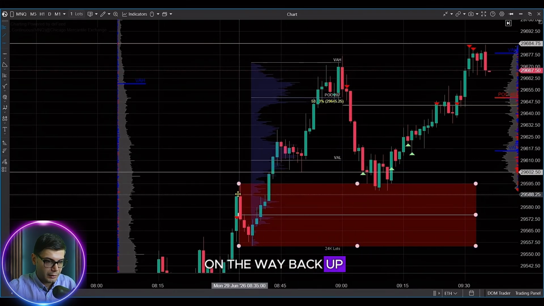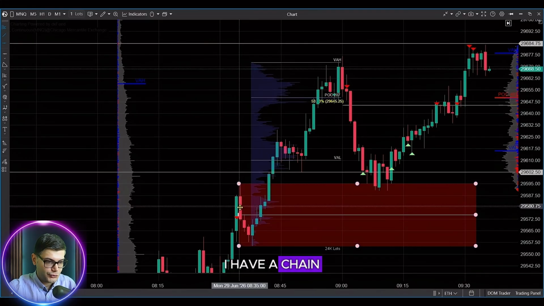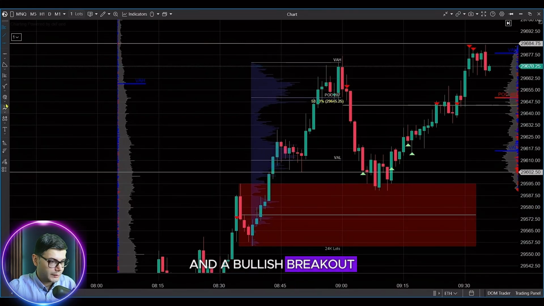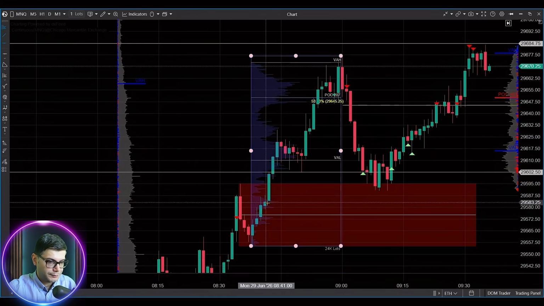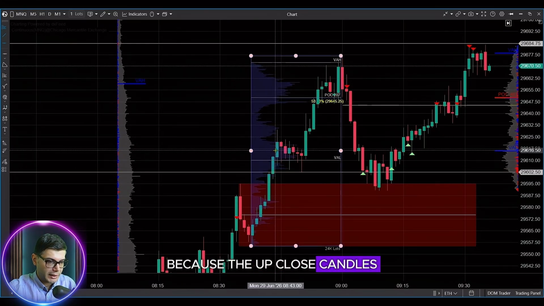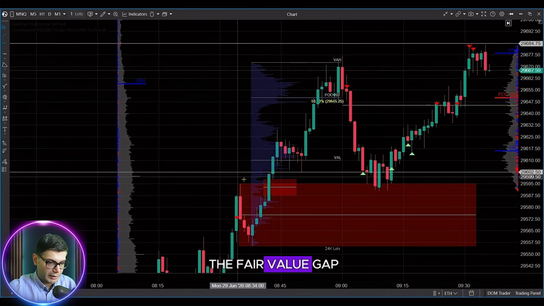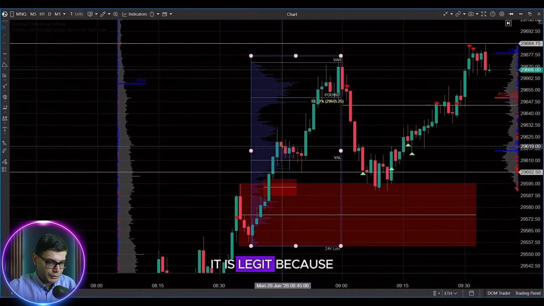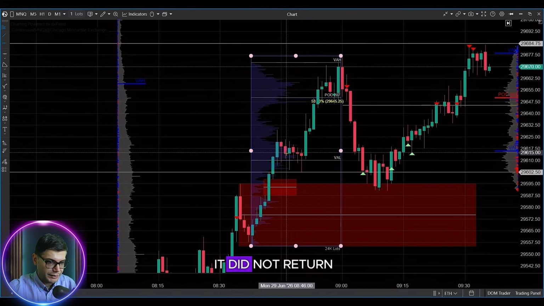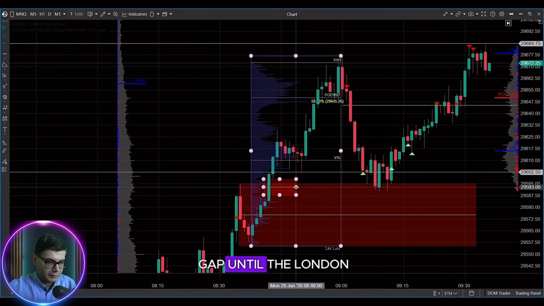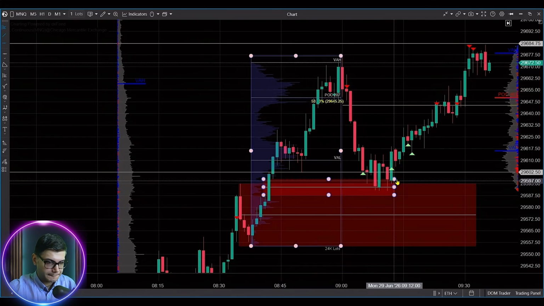On the way back up, I have a chain of bearish candles and a bullish breakout. This breakout is legit because the up close candles remained with the fair value gap. This is the fair value gap. It is legit because on the way up, it did not return to that fair value gap until the London pre-session.